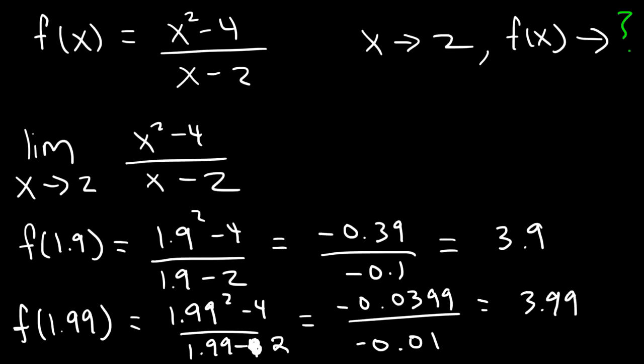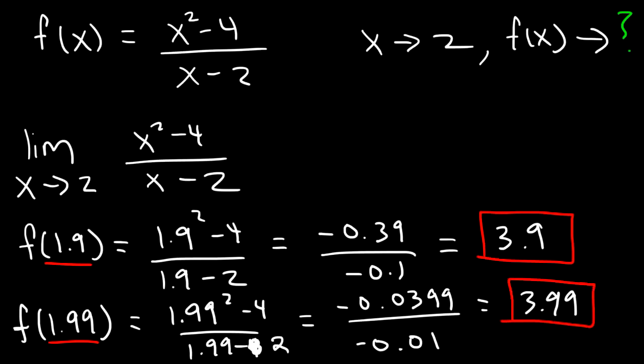So here's a question for you. As x gets closer to 2, what happens to the y value, or basically the value of the function? Notice that it gets closer and closer to 4. 3.99 is a lot closer to 4 than 3.9 is.